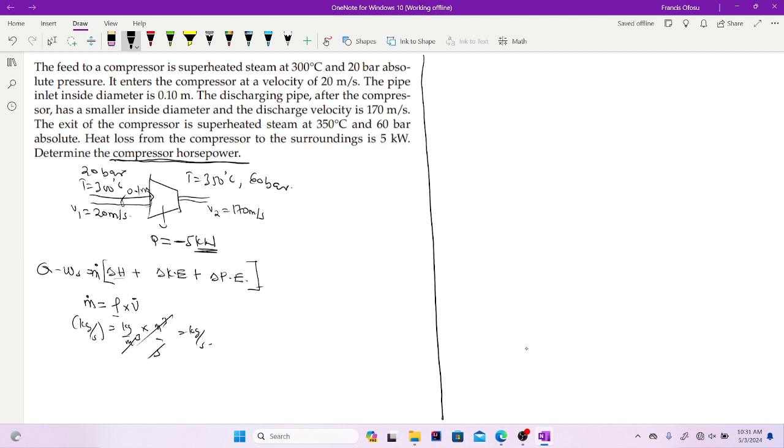Now, how do you find the density? In some cases, because it's steam, some people tend to use the density of water, 1000 kilograms per meter cubed. But because we are dealing with steam, you can't say that steam has the same density as water, because temperature affects density.